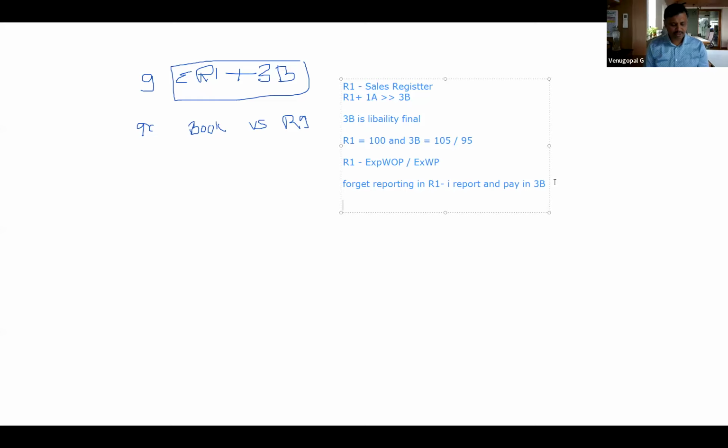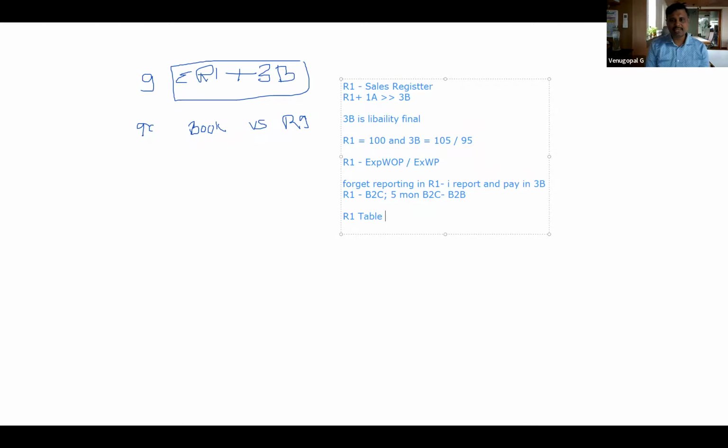Very common times, you made a sale, you reported in R1 as B2C. Five months later, the customer came back and said, look, my GST number was not updated by you, please update. You converted B2C to B2B. The possibility is you have done it in R1. Now, how will you do it?